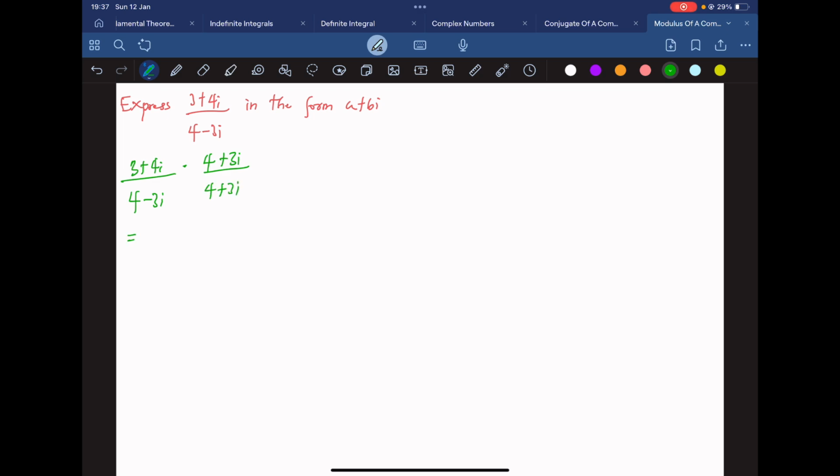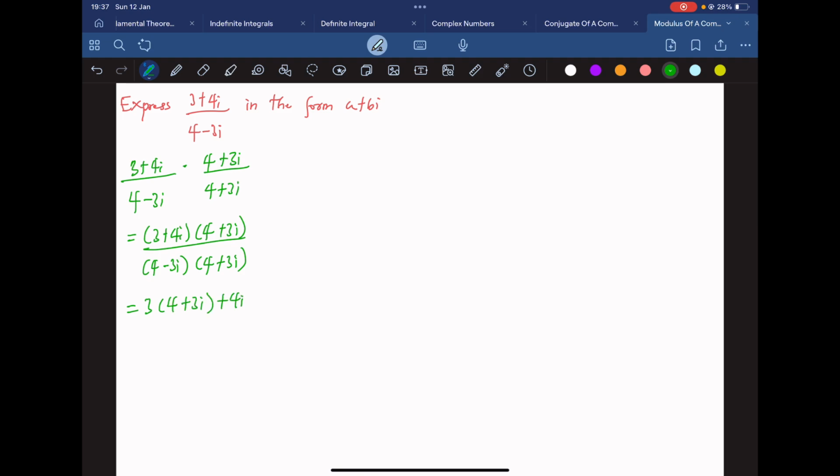Then we have the same thing as over here. So this is just equal to the numerator, then another numerator right here, and we multiply the denominators as well. So we have 4 minus 3i and 4 plus 3i. So we FOIL it again. So we have 3, which is going to multiply the whole of 4 plus 3i.